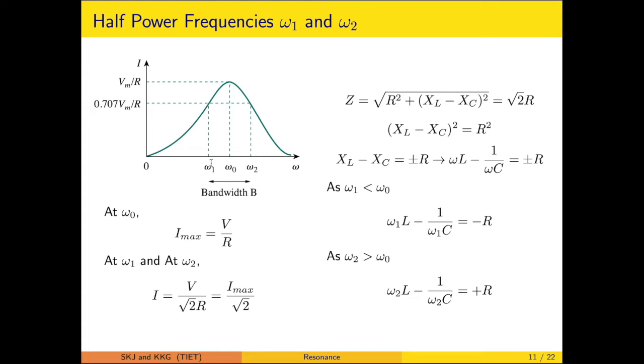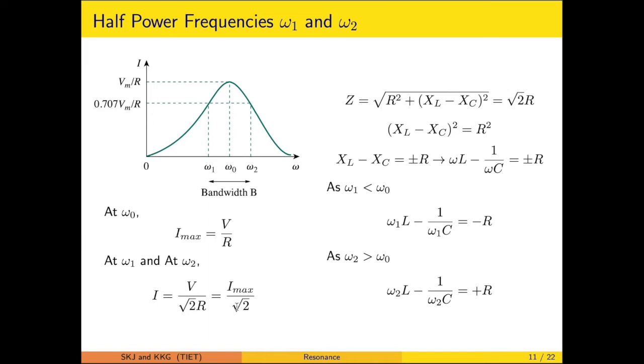Another point here is that in this band of frequency, omega 2 to omega 1, the current is always greater than or equal to I max upon root 2, or you can say 70.7% of the I max.